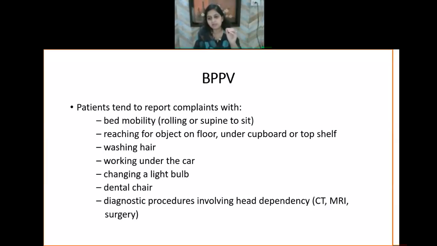They might have a very minor BPPV causing their falls, making them off balance, making them nauseated, but they do not evaluate them for BPPV, just prescribe medications. They go home, take them, get the side effects of medications, but they never get the treatment for that. So it's in our hands to make the population aware about it and to treat them.